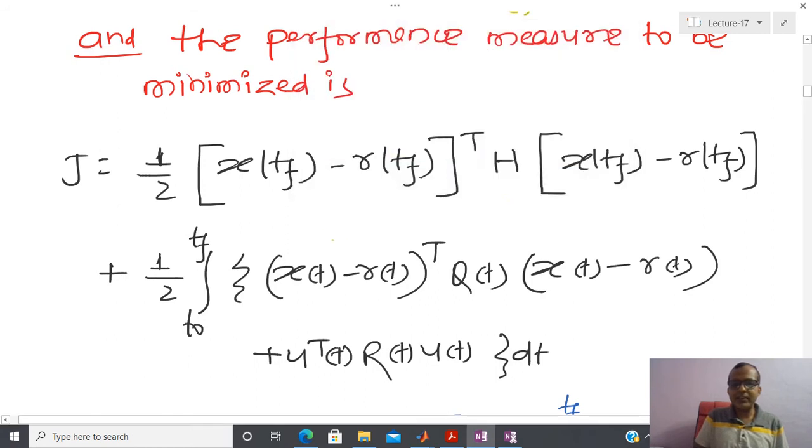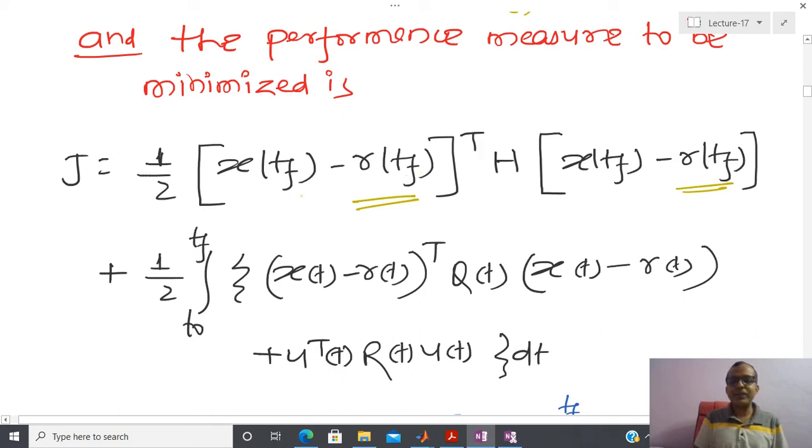When we are at the time t_f, our aim is to maintain r(t_f), and the end point is x(t_f). So I am saying that using this I am able to steer my trajectory to the close vicinity of r(t_f).